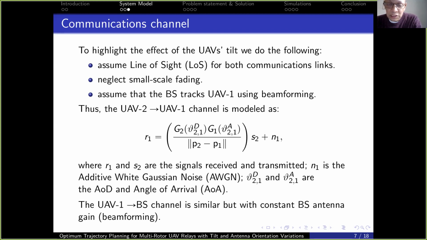We assume that it is constant. So this is the channel model that we are considering, which is an additive white Gaussian noise, considering only the antenna radiation patterns of the receiving and the transmitting antenna.